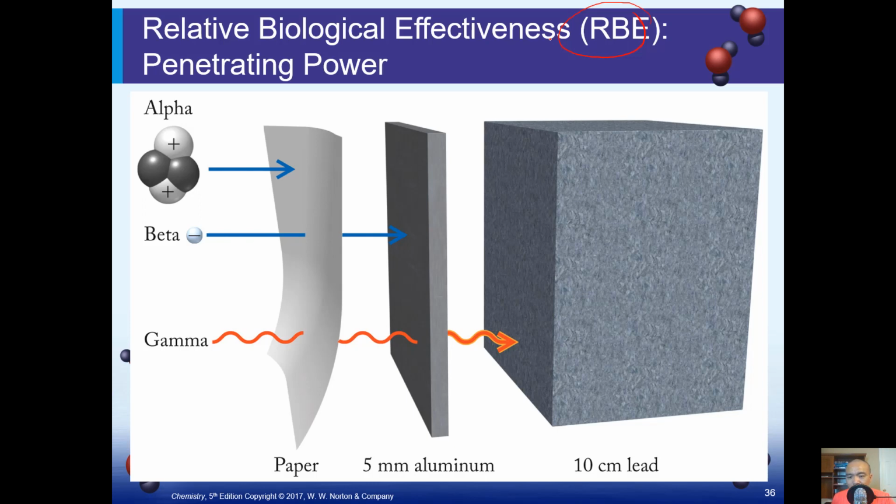Remember, alpha particles have 2 protons and 2 neutrons, and the mass number is 4. It's much heavier than a beta particle or an electron. As a result, they cannot penetrate very far because they collide with atoms and molecules in their path, and they can be stopped by a piece of paper.